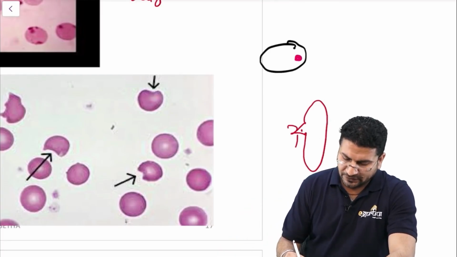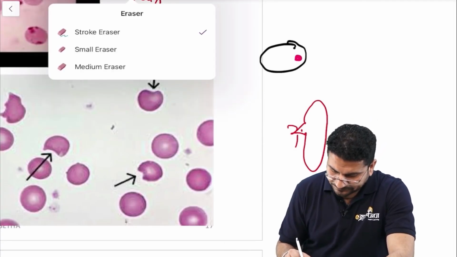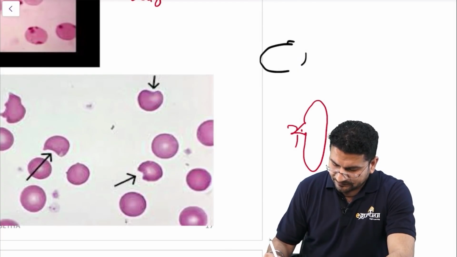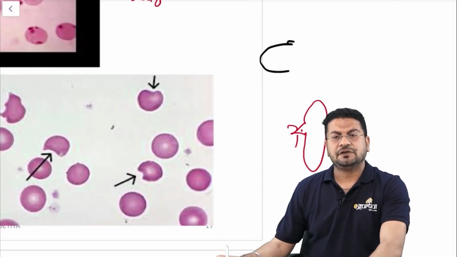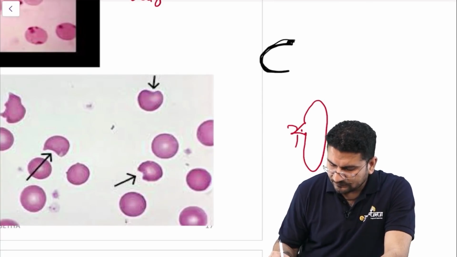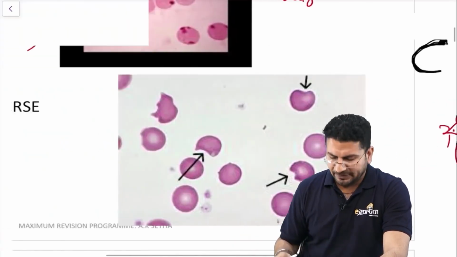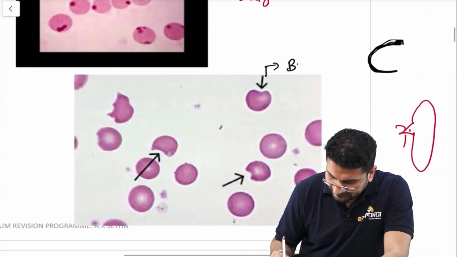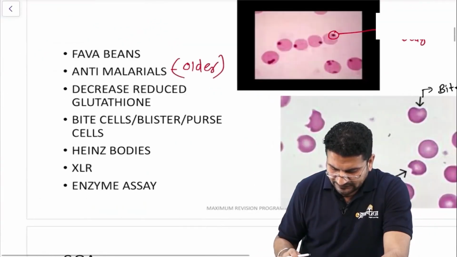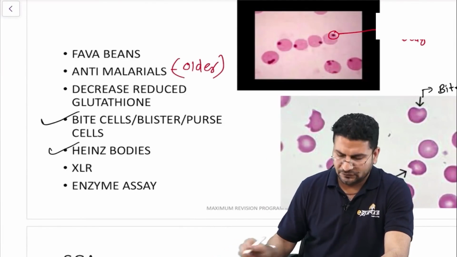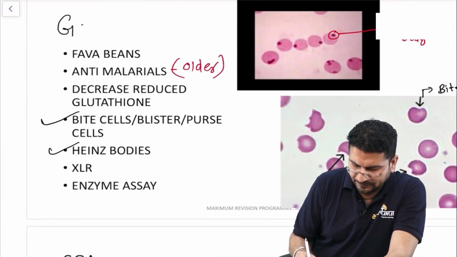The macrophage will take it out, take a bite. So the left out cell, we call bite cells. You can see bite cells in the peripheral smear. These are two MCQs that they ask again and again, Heinz bodies and bite cells, classically seen. So these are all MCQs suggestive of G6PD deficiency anemia.